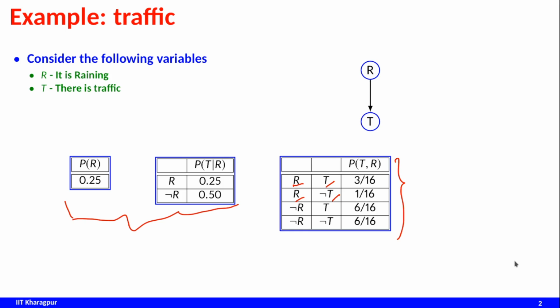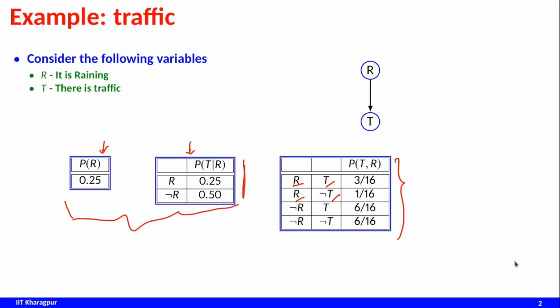In order to find out these tables, we can observe a lot of scenarios. Based on that we can construct the table: we can observe the probability of rain, and if you look over several days at when there is rain and there is traffic, we can find out this probability table.